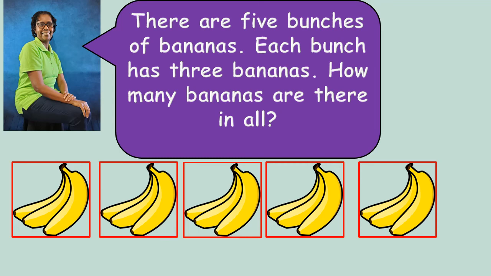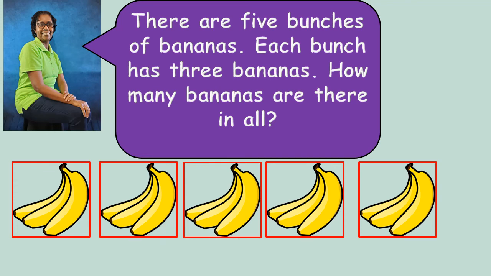All right, so step one, what's the first thing you're going to do? Put down that answer. So we have 5 bunches, and as I said, each bunch represents 1 set. So how many sets do we have? And then you're going to do step 2. What should you do at step 2?